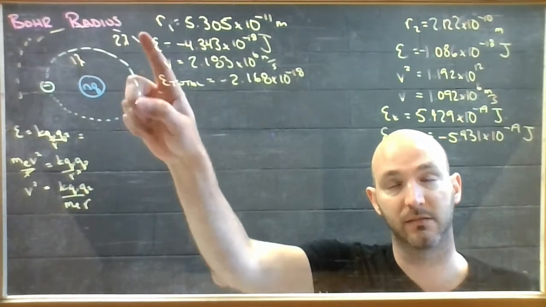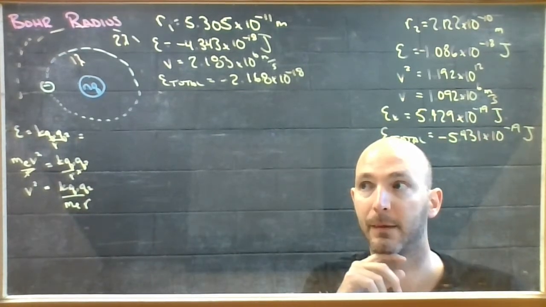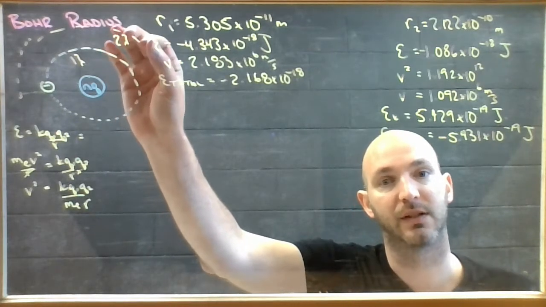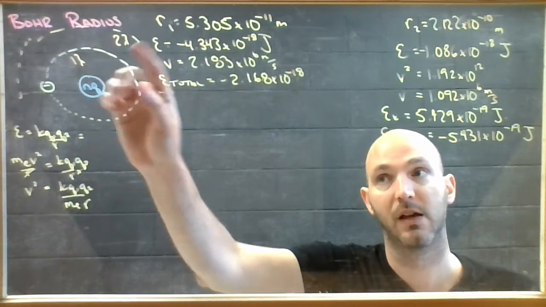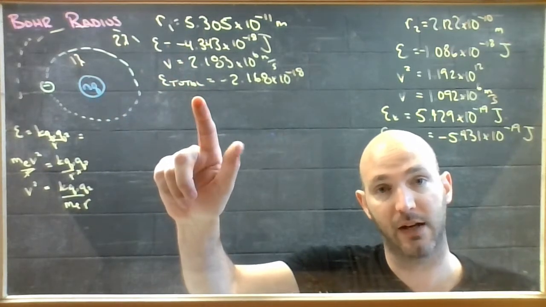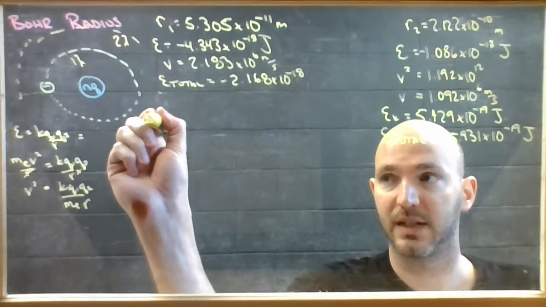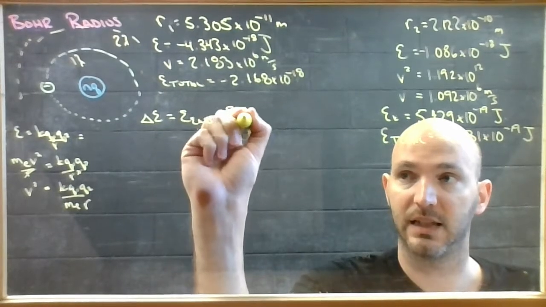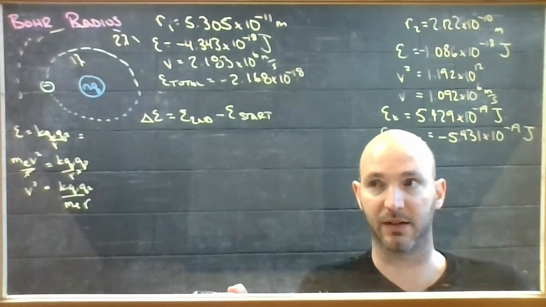So let's start it on the outer one. Let's start it with this amount of energy. And then for some reason, that electron decides that it's going to change tracks to this lower one, right? That has a different energy value. So how much has the energy changed? Well, delta E is the E at the end, subtract the E at the start. That's just how you do a delta.